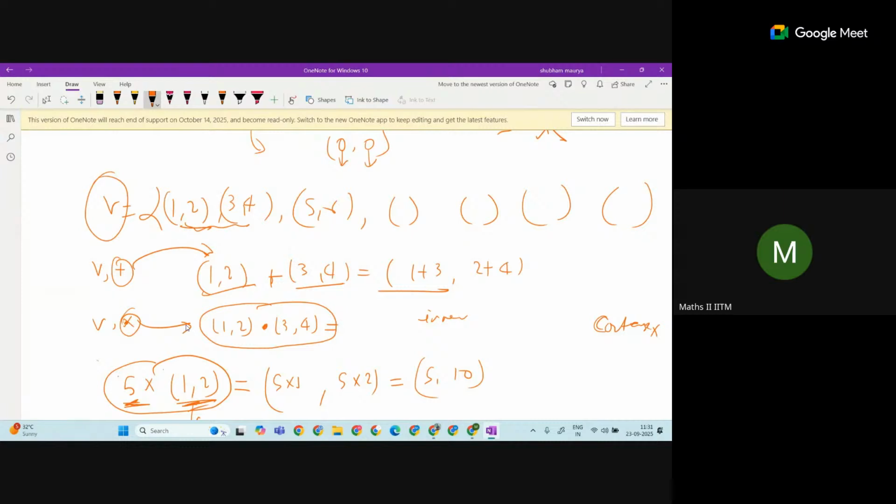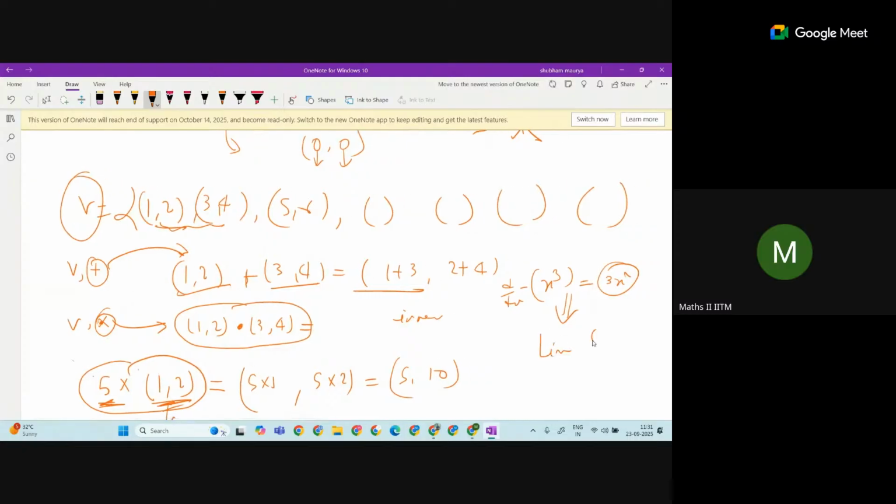I think in maths one you have seen calculus, so you can realize that the derivative is not simple. You are used to differentiating x cube, and you know d/dx of x cube is only 3x squared. But the meaning of it in mathematics actually came from limits, right? You have seen that from calculus.